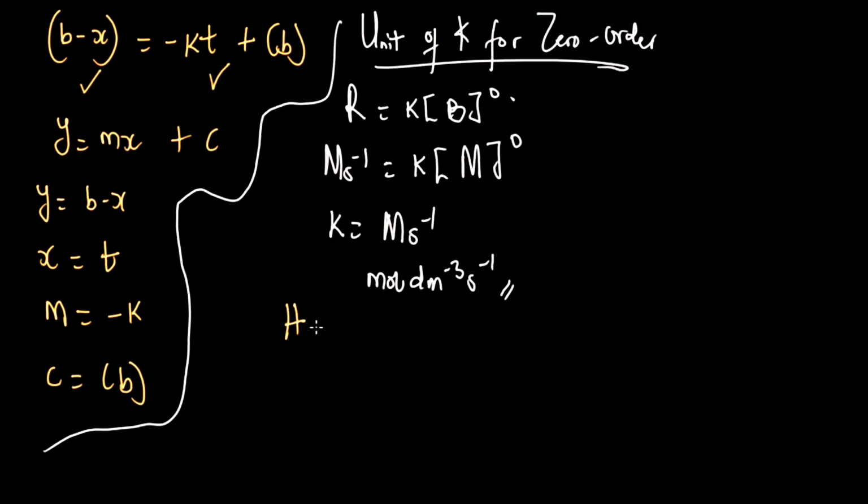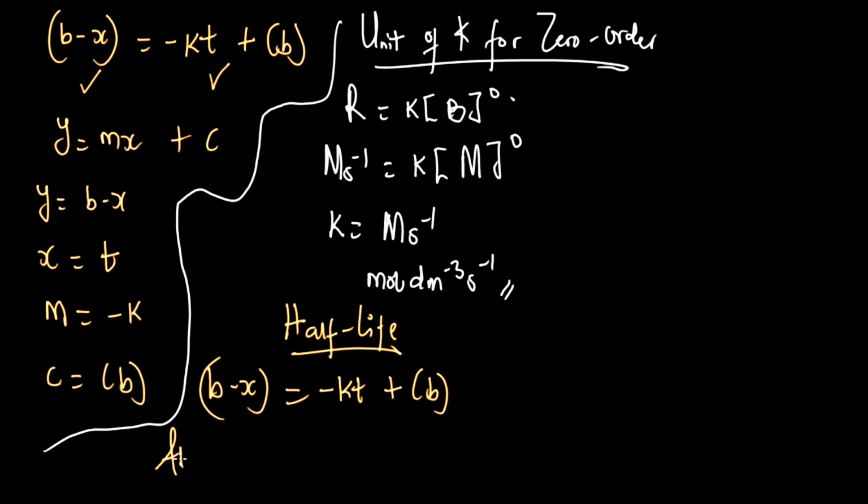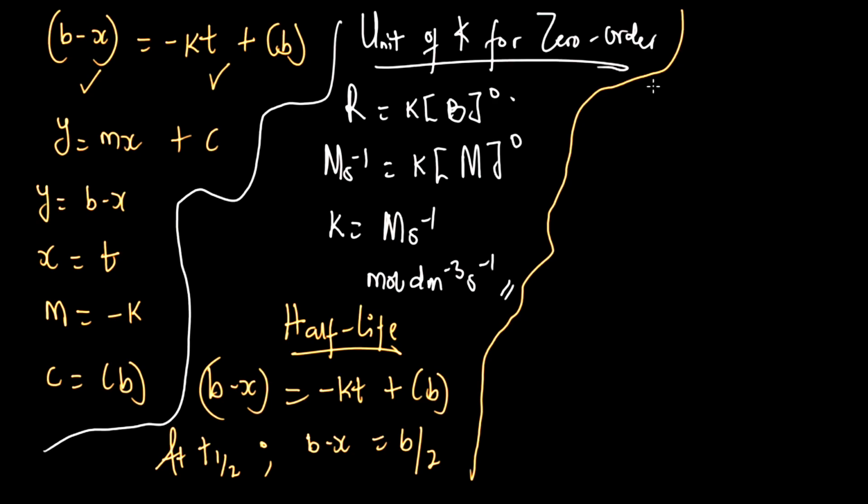Let's talk about the half-life for zero order kinetics. Recall that this is the equation: B minus x equals negative kt plus B naught. At half-life, B minus x becomes B naught over 2. Therefore B naught over 2 equals negative k t half-life plus B naught. Let's collect like terms.